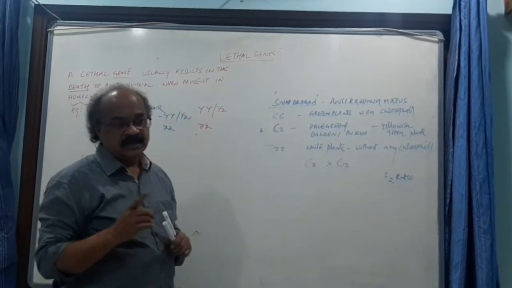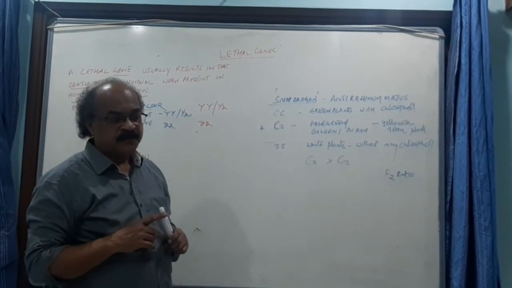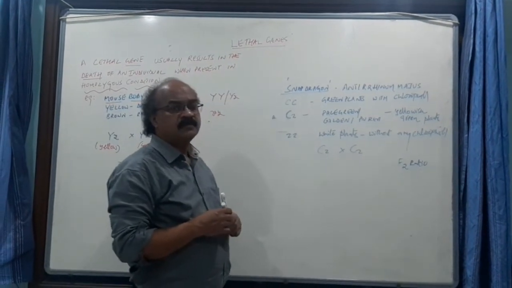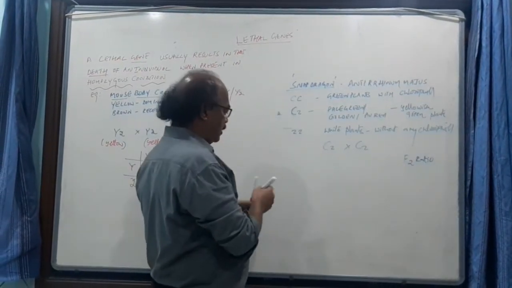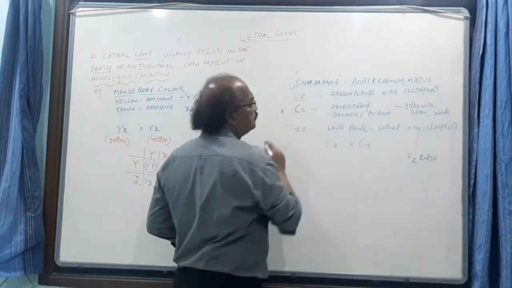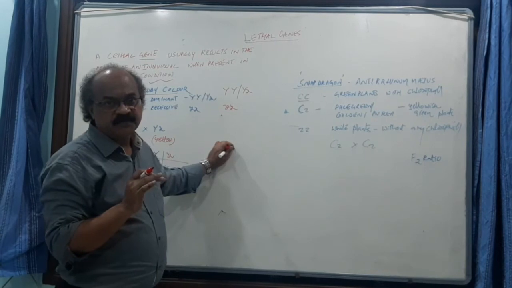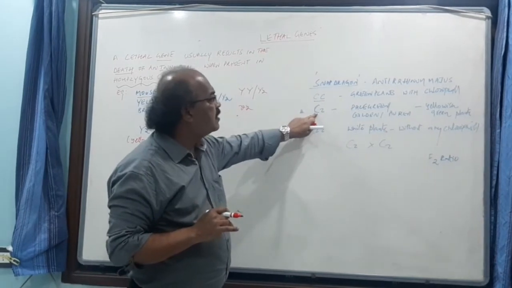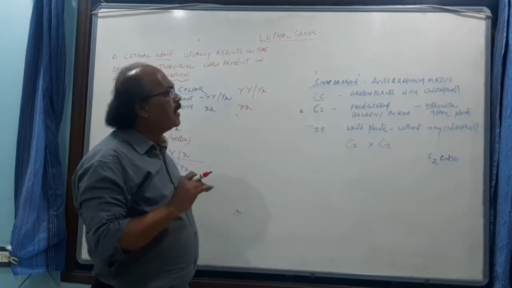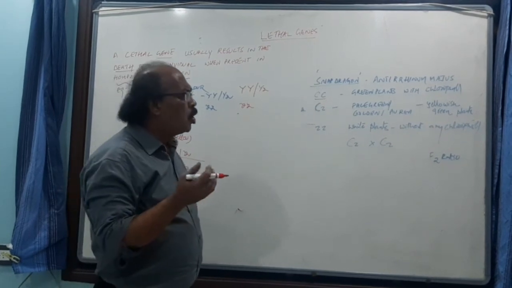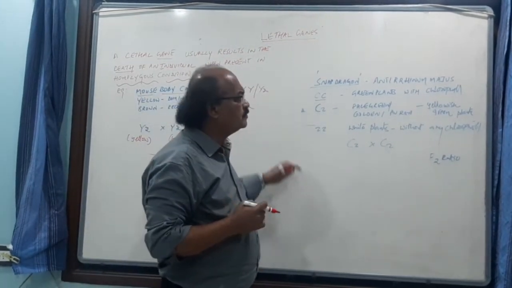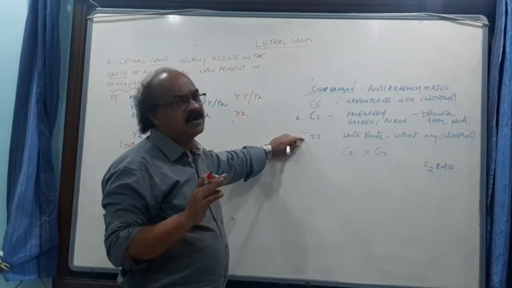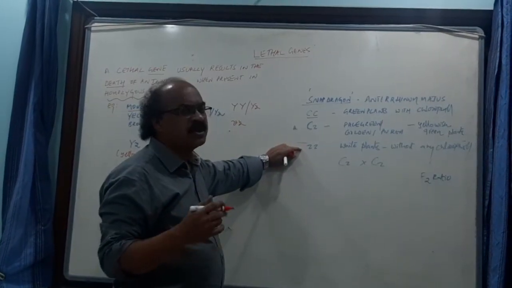Now let us see one more example: Snapdragon. We have studied Snapdragon for incomplete dominance. Capital C, green plants with a good amount of chlorophyll. Capital C small c, pale green or golden or aurea, somewhat yellowish green. Small c, white plants without any chlorophyll.